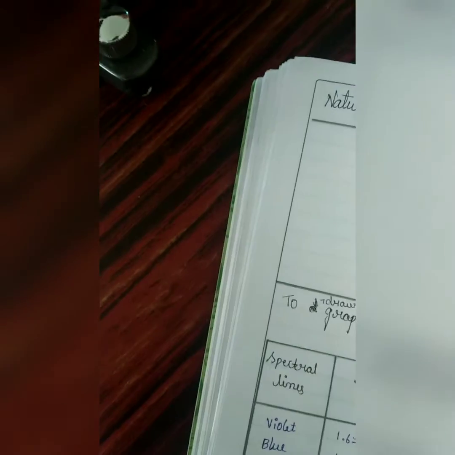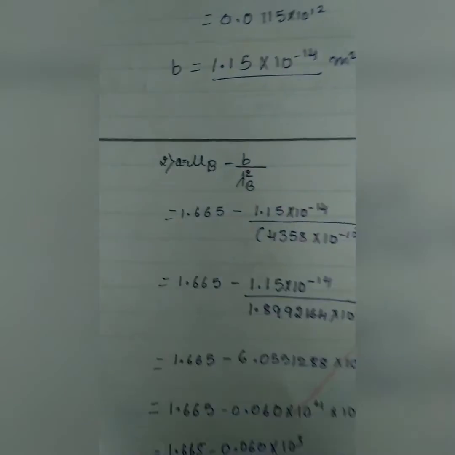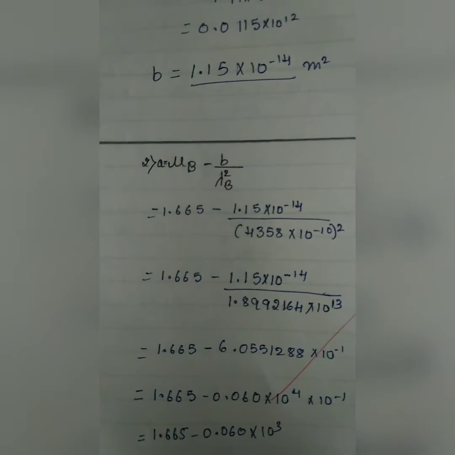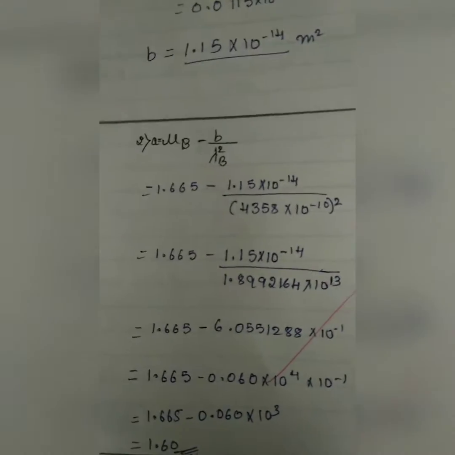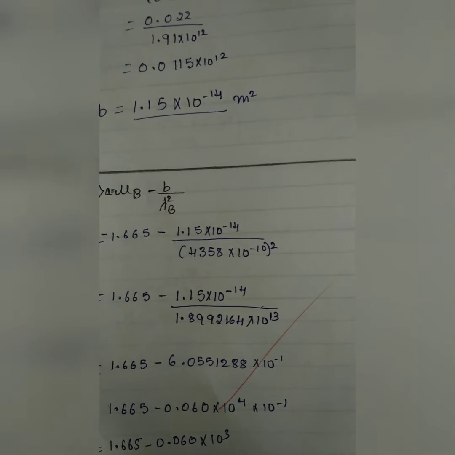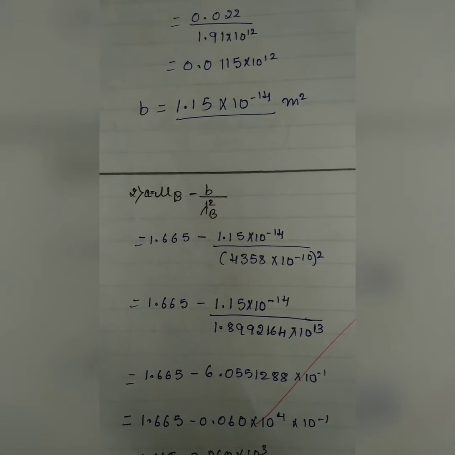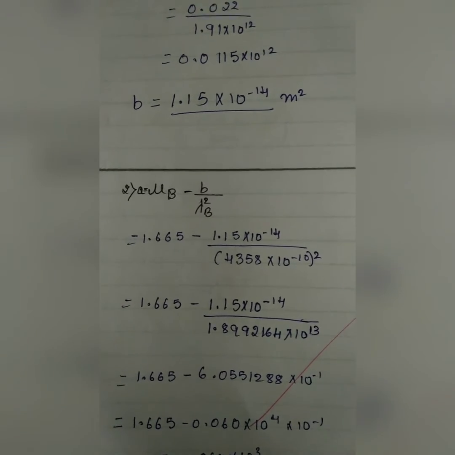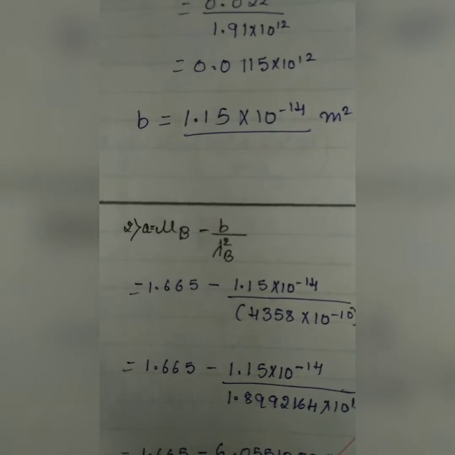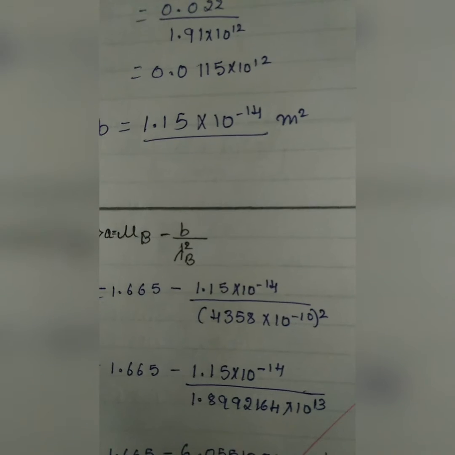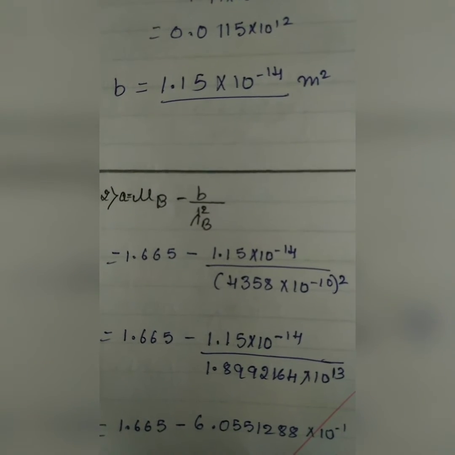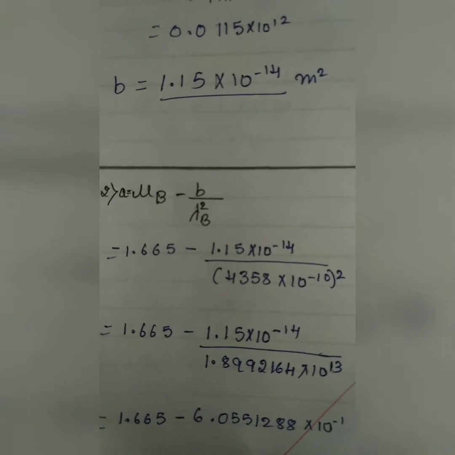After that, we have to find the small a value, which is also a Cauchy's constant. The equation is a equals mu B minus b divided by lambda B square, where mu B is the refractive index of the blue color, b is the value of Cauchy's constant and lambda B is the wavelength of the blue color.